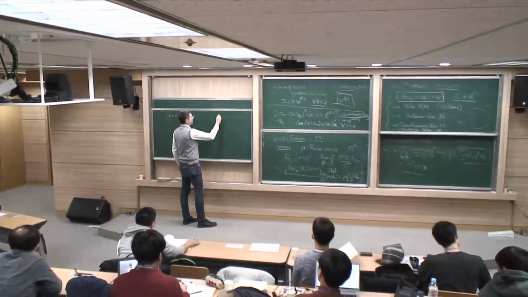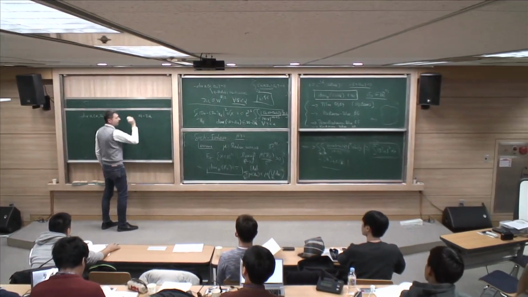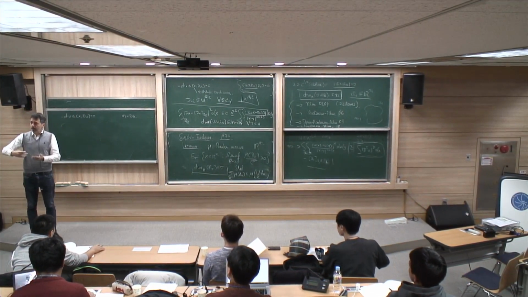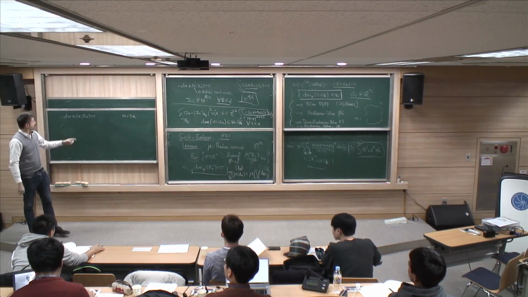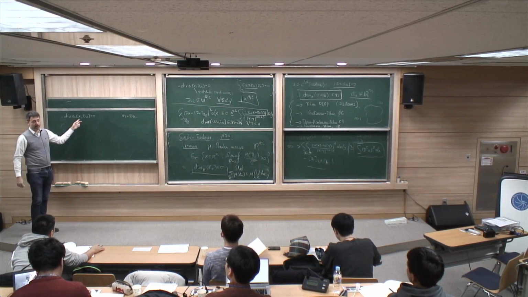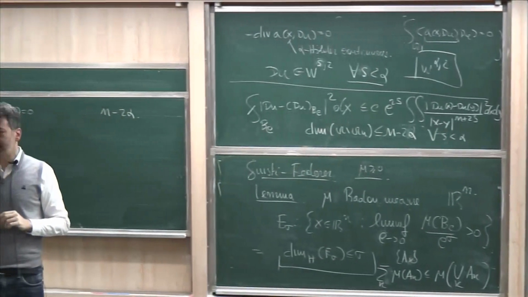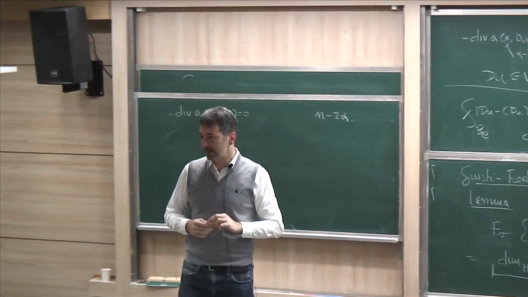So the Hausdorff dimension is n minus 2 alpha. But of course, you immediately understand that now the rate of continuity with respect to the x variable reflects on the Hausdorff dimension. So this is a sort of Schauder estimate for the singular set, for the dimension of the singular set.